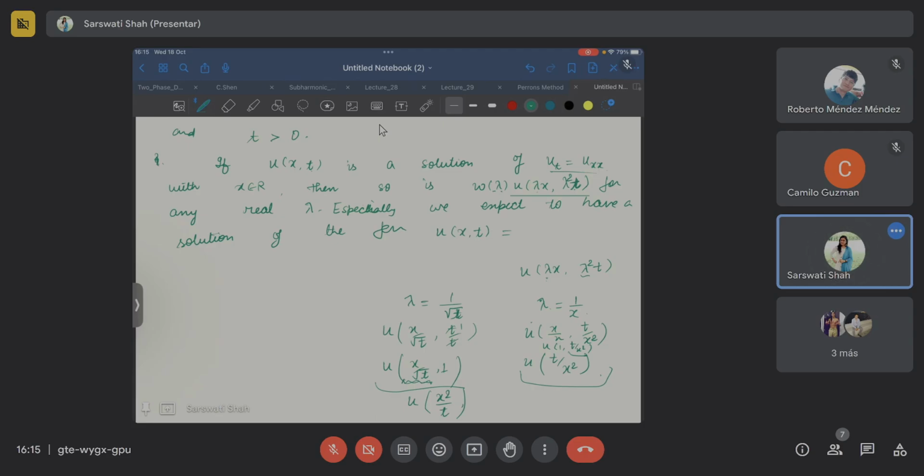Is it clear? So in the scaling, when lambda is scaled with 1 over root t, what will be the w lambda? It will be a function of t.